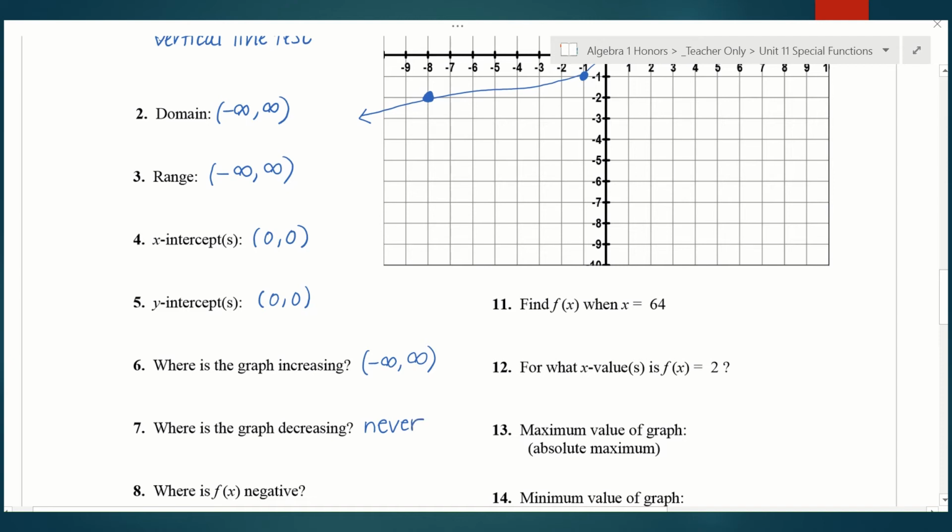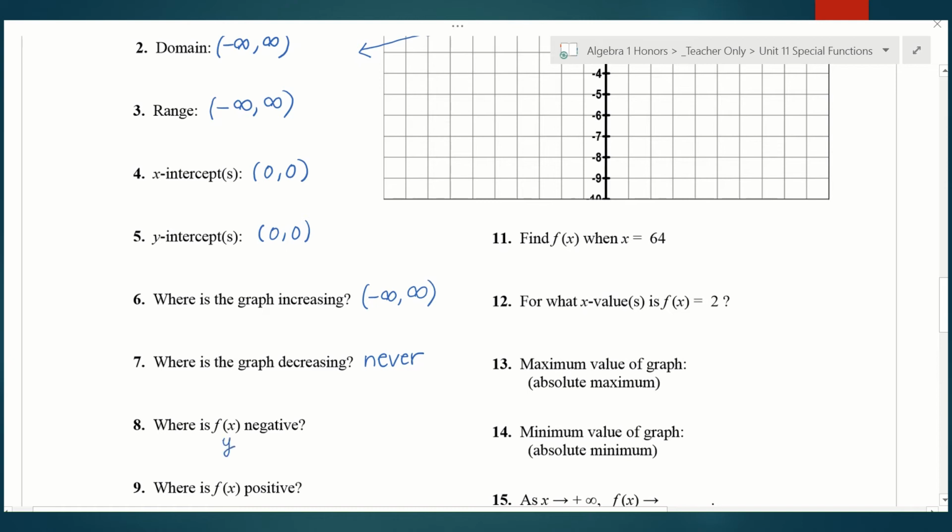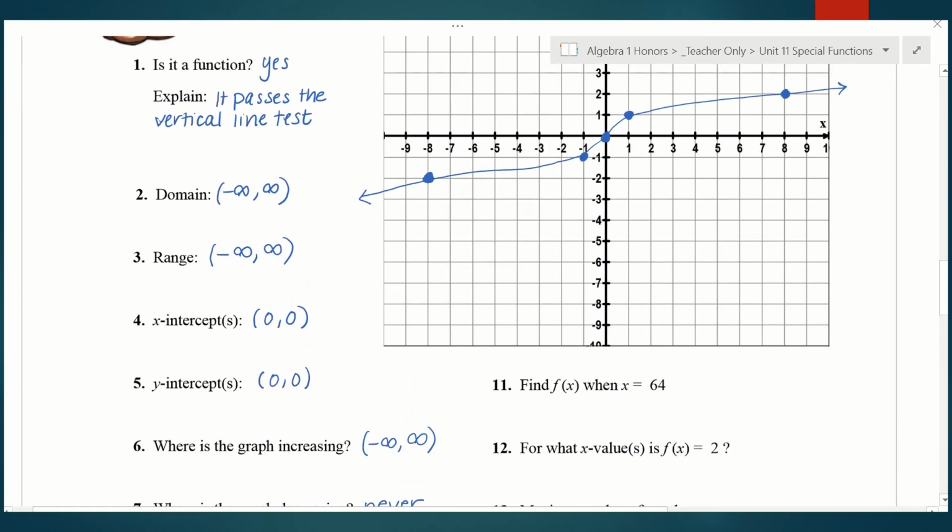Okay, where is f of x negative? Remember, this means where is y negative? So if I look at my graph, I need to say, okay, between what x values do I get a negative y value? That means that basically starting all the way at negative infinity and stopping at 0, between those x values, that's when I'm going to have y values that are negative. So it's kind of like that first half of the graph, all of your y values will be negative.